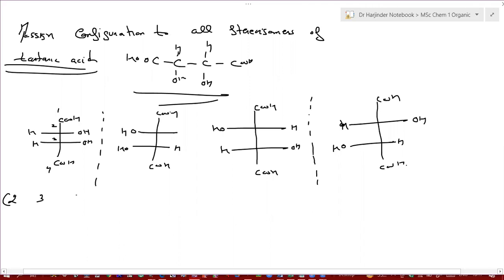Second is R, third is S. So it is 2R, 3S tartaric acid. How is it 2R, 3S? Why at carbon number 2 is it R?